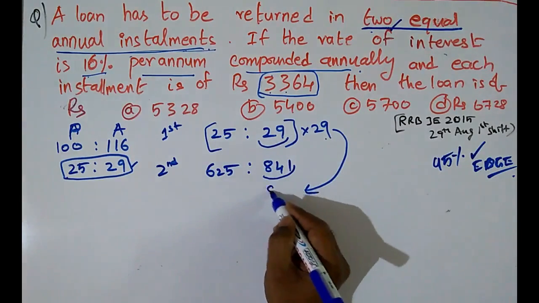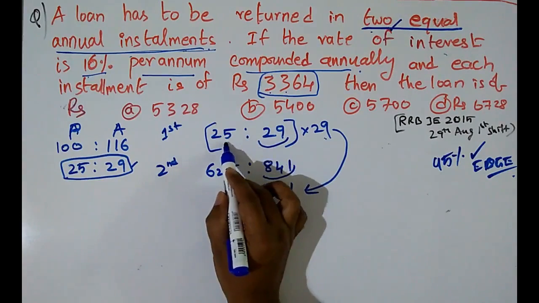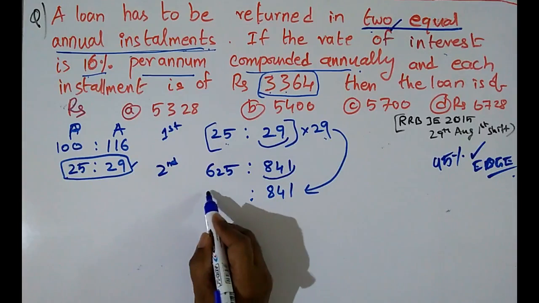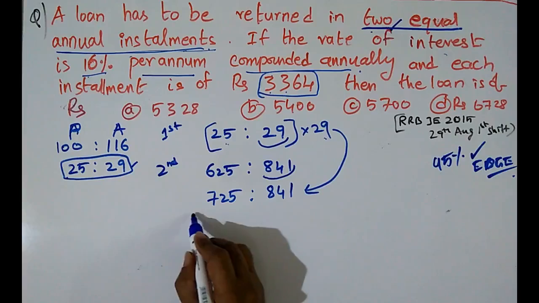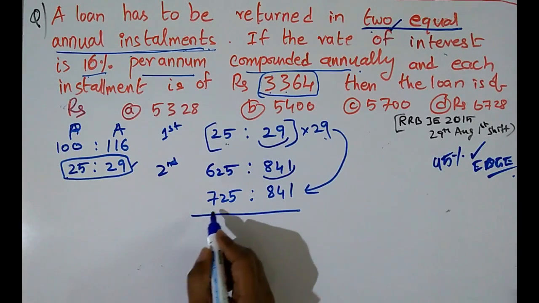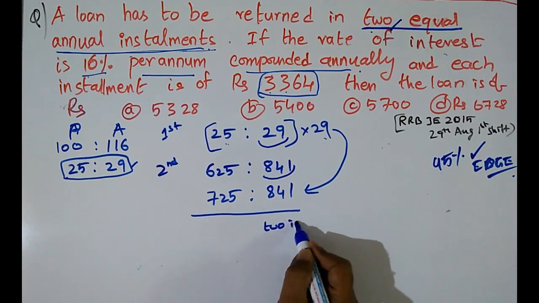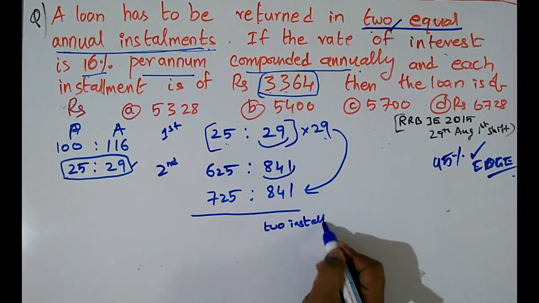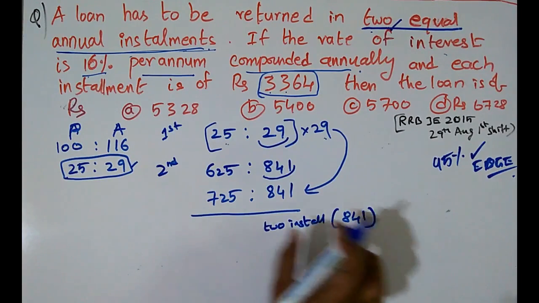29 square again becomes 841, and 29 into 25 becomes 725. If you add this, so two installments of 841. Okay friends, two installments of 841.